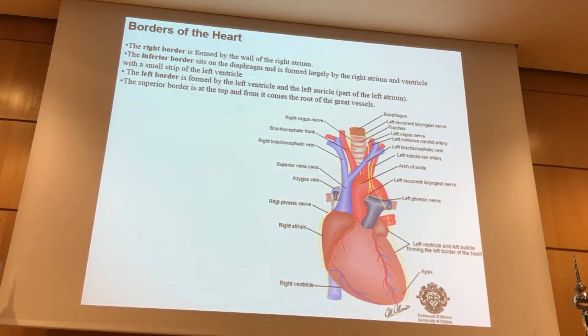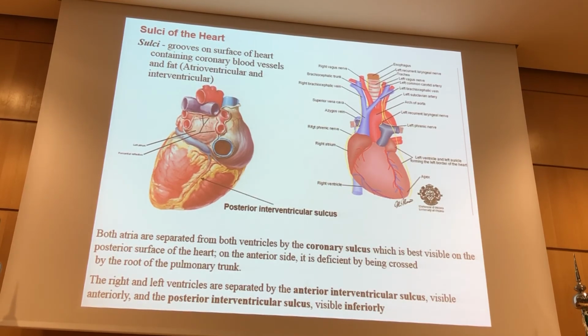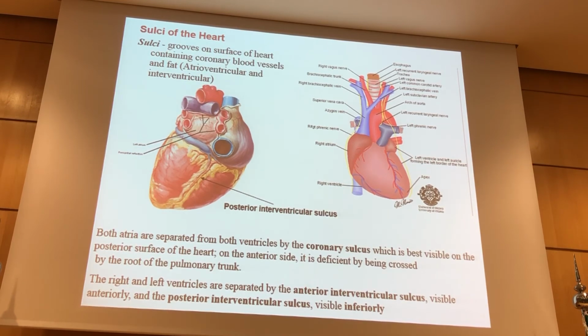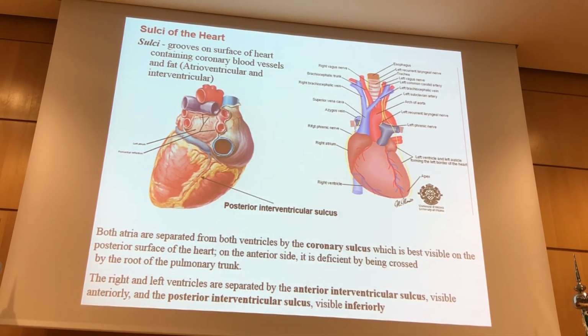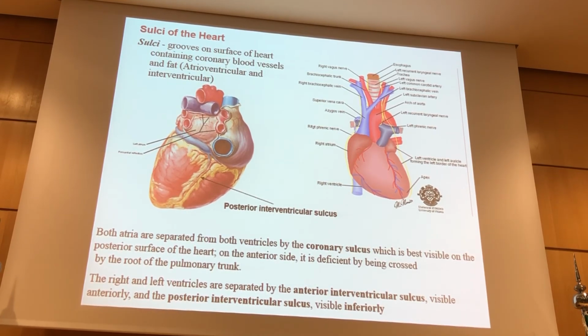Okay, there is another sulcus, basically, that separates the 2 ventricles. It's called the anterior interventricular sulcus. And then when we study the blood supply, we're going to refer to these sulci because they host the blood vessels that will supply the heart. So the anterior interventricular sulcus will host the anterior interventricular artery.